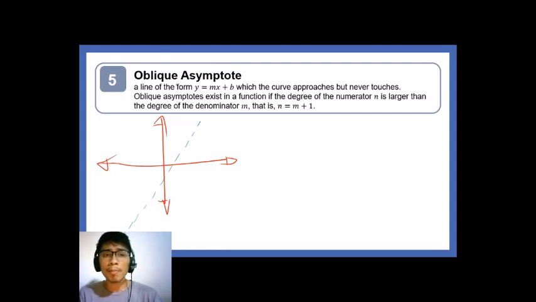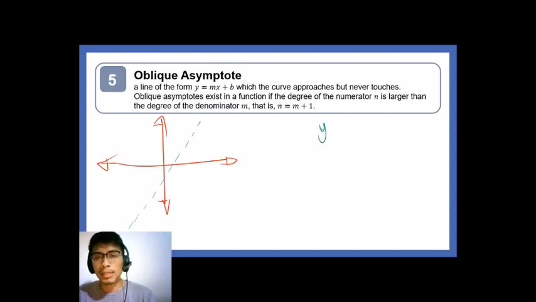From the word oblique, the simple term is slanted, an asymptote that is already slanted, in the form of y is equal to mx plus b. So just a short review of how y is equal to mx plus b works.